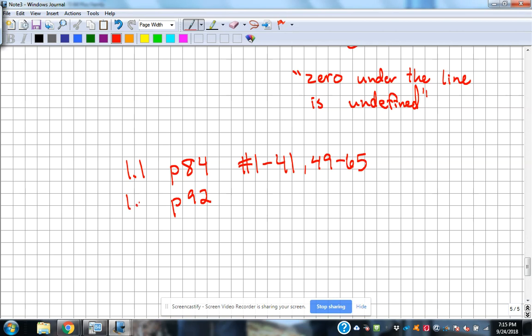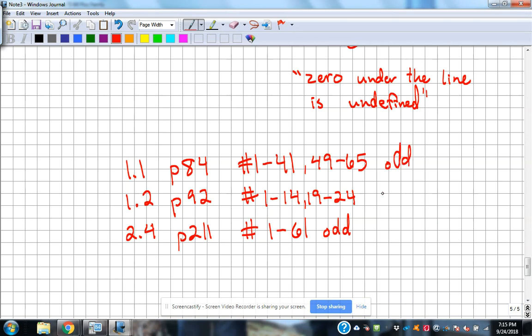It's sections 1.1 and 1.2, whatever page those are on. These should give you a good smattering of what you could encounter, ones and odd on all those. This is 9 through 25. That's what that should be. I always recommend odd. Evens are possible, but odds, you've got the answers in the back.